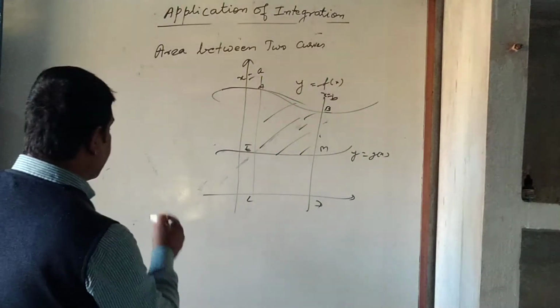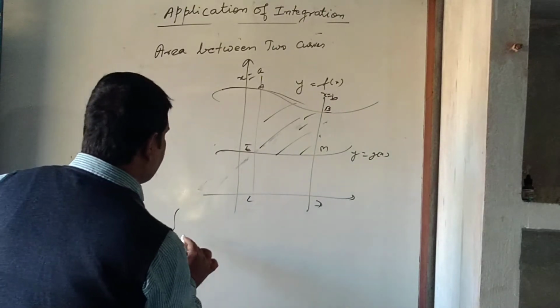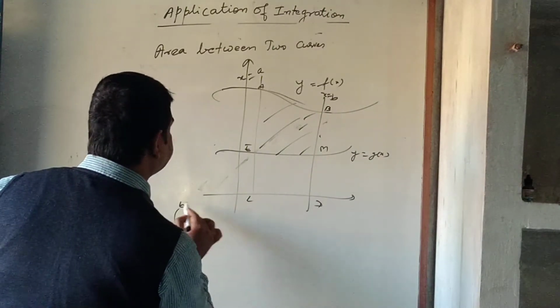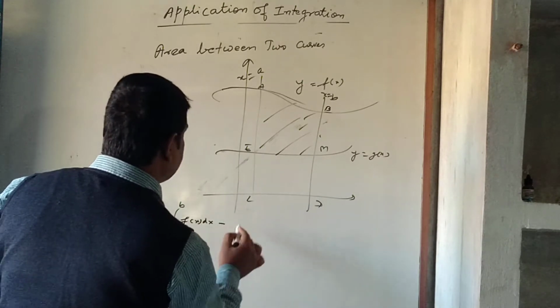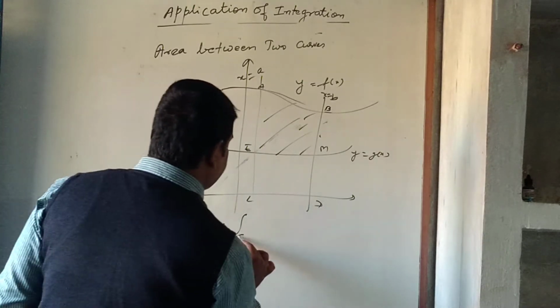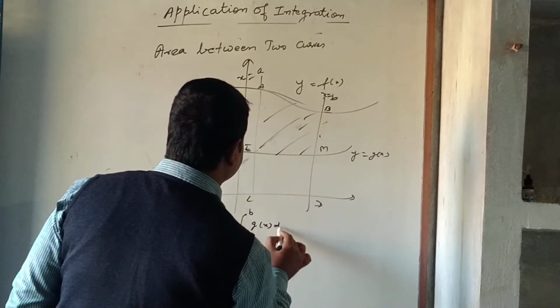So it can be written as area equals integration limit varies from a to b f(x) dx minus integration limit varies from a to b g(x) dx.